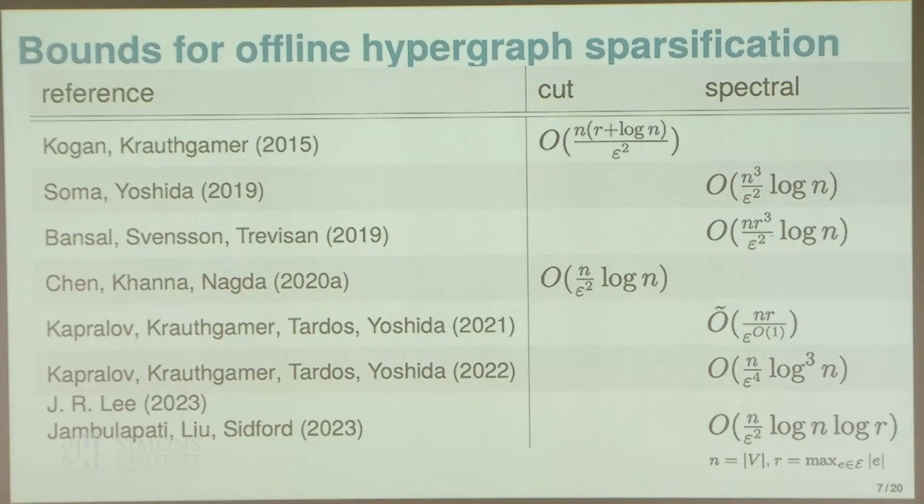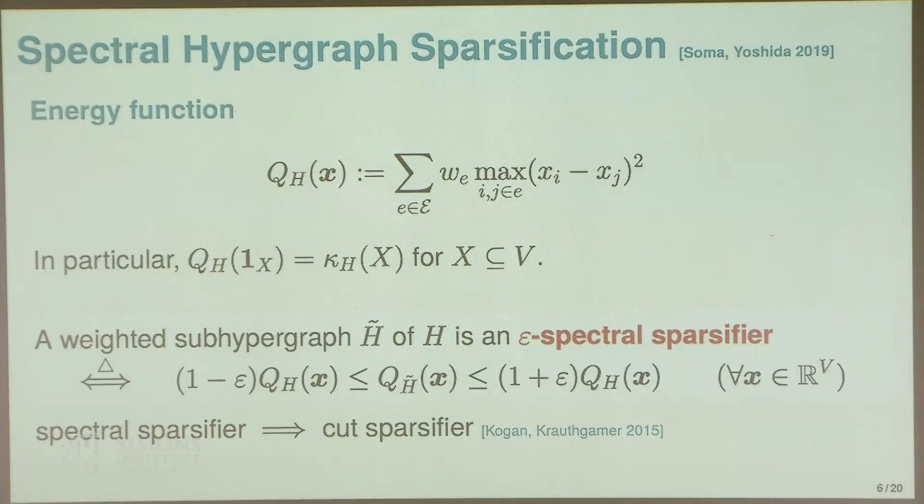Maybe you have a question like, why do we want to preserve the quadratic form for hypergraphs and not just cut functions? In machine learning or data mining contexts, people have studied this quadratic form a lot.